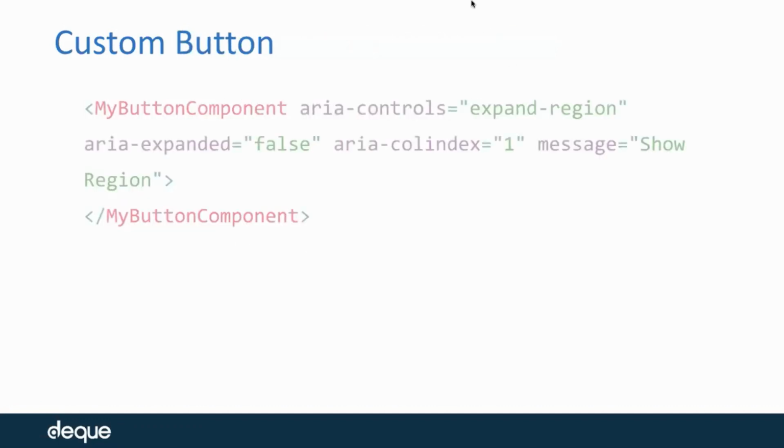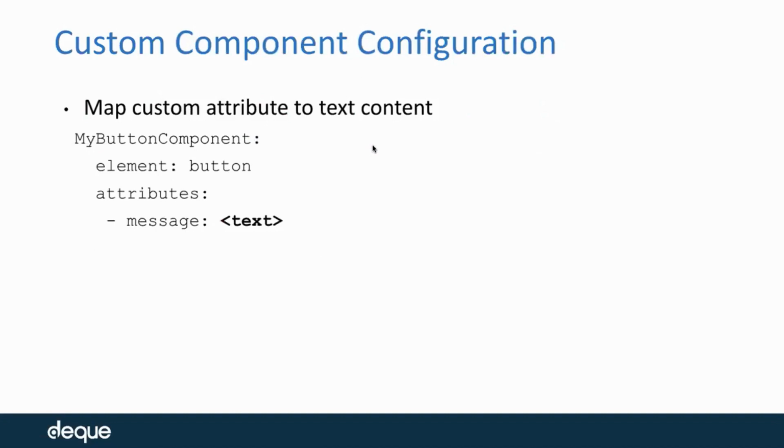So for example, if I have this button component that I want to create, in this case I've got a message attribute, which is providing the alternative text or the name for that element, and I'm using some other ARIA attributes on that: aria-controls, aria-expanded, aria-colindex. The way that I would map that is, first I would map to the element button, which is underlying that, and then the second thing I can do is map that message attribute to a special value called text.